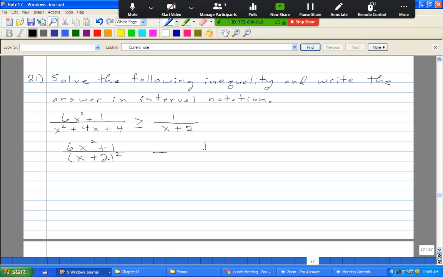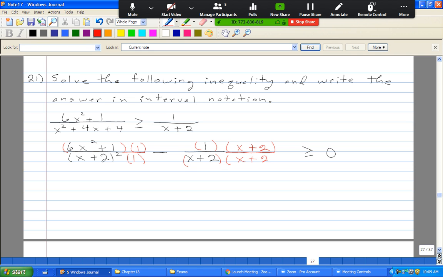Let me subtract 1 over x plus 2 from both sides of my inequality. Let me get a common denominator. In this case, the common denominator is just x plus 2 squared. So I don't have to really do anything here. But here I'm going to have to multiply by an x plus 2 and divide by x plus 2.